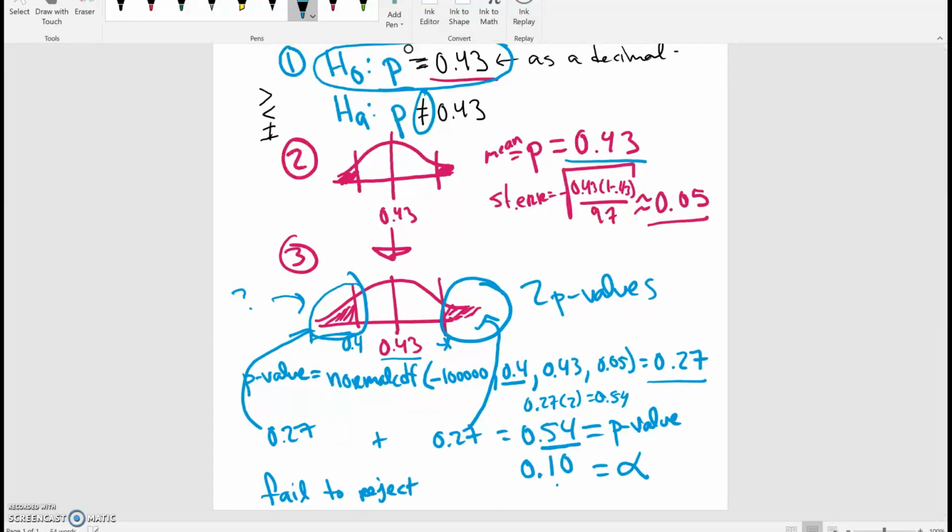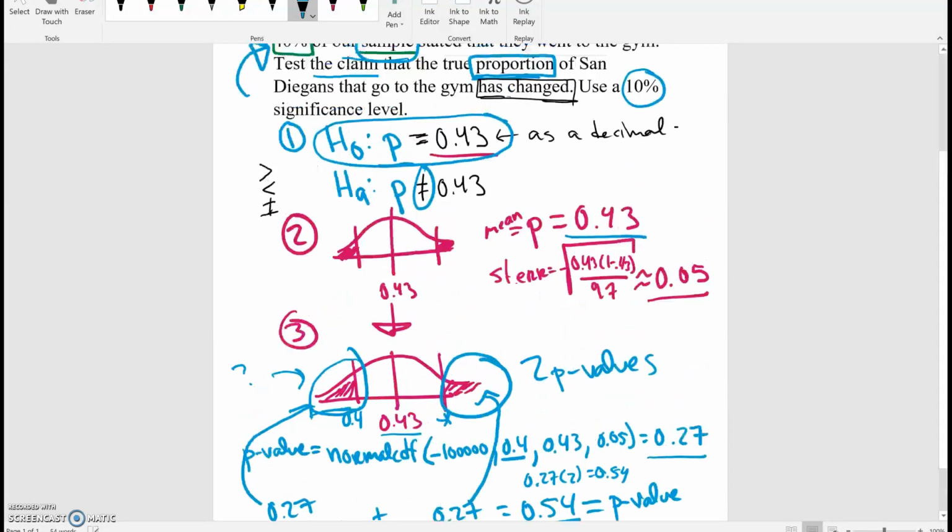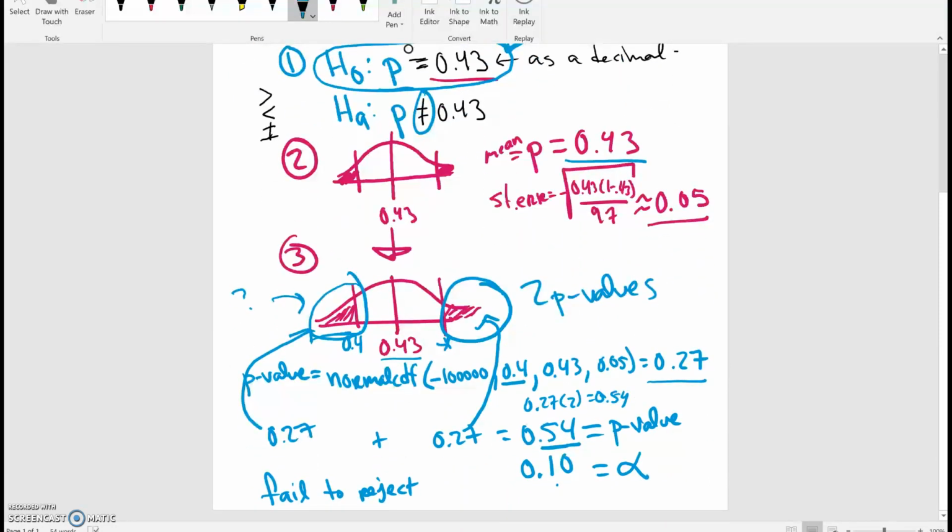So remember, this said we cannot reject, right? So that means that the proportion has not changed. We don't have enough evidence to say that it's changed. Okay, so hopefully this helps a little bit.